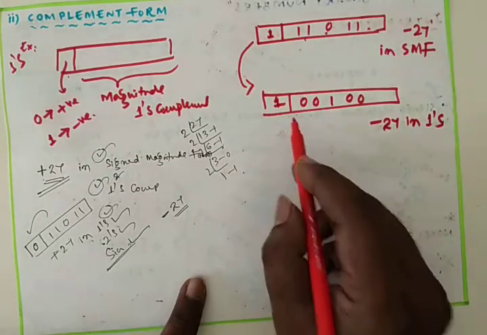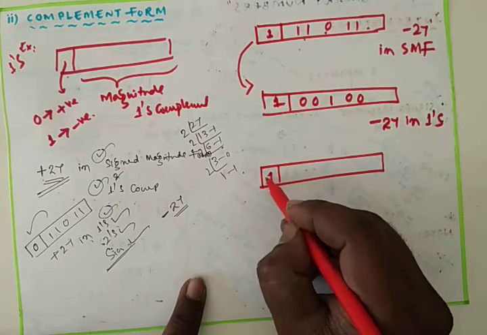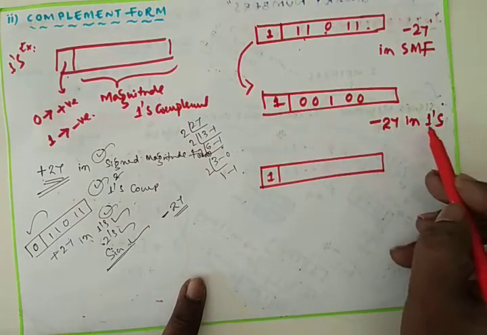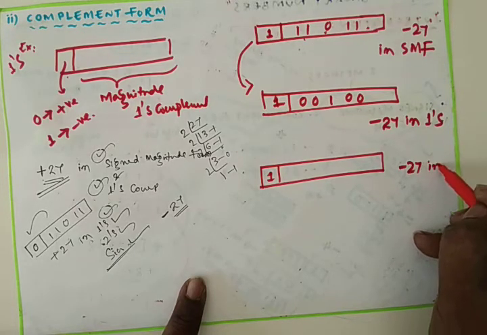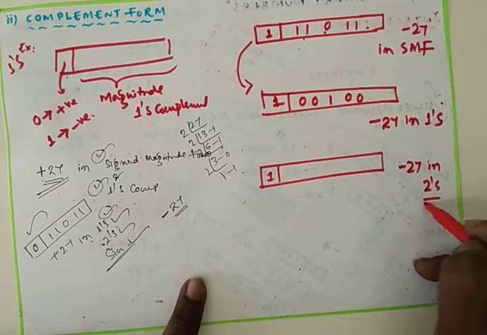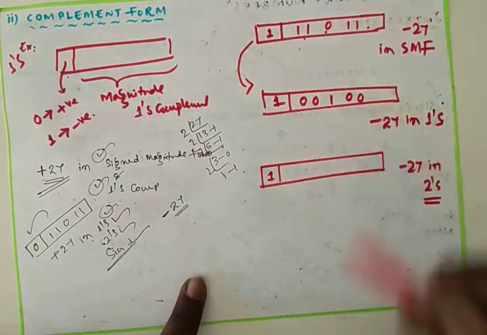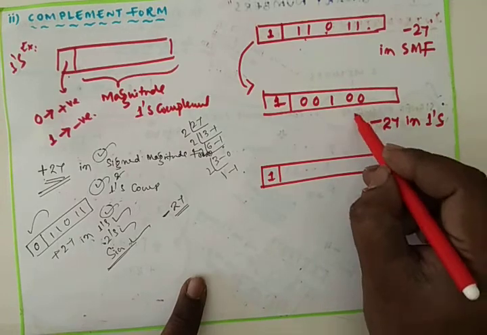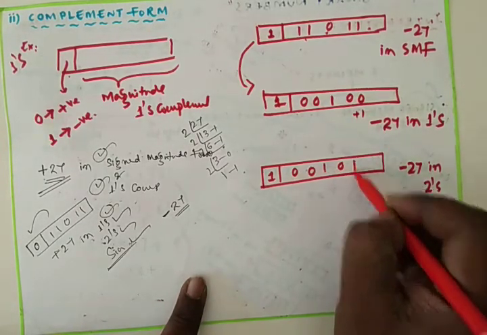The same minus 27 in two's complement form. Minus means 1 only. And it is minus 27 in one's complement, but we should represent minus 27 in two's complement. Two's complement is nothing but one's complement plus 1. One's complement plus 1 will be the two's complement, so add plus 1 here. So that 0 0 1 0 1.